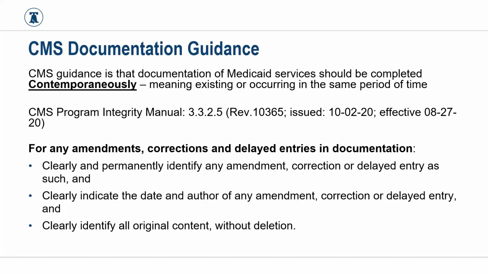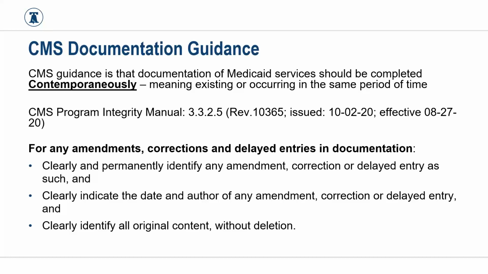So based on the CMS guidance, Medicaid services should be completed contemporaneously. So we're going to really use this word, contemporaneously, which means that it's in the moment, it's when the services are provided. So it's that same period of time.